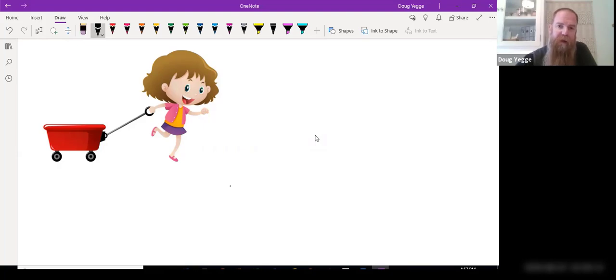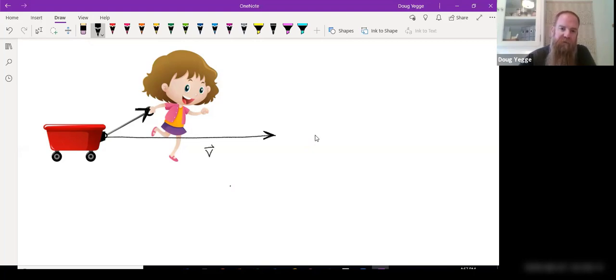And the main thing to recognize here is that she is pulling a vector upwards. You should be able to see that this girl is pulling at a particular angle with the direction of motion being right here. So this right here is the direction of motion. Let's call that vector v.